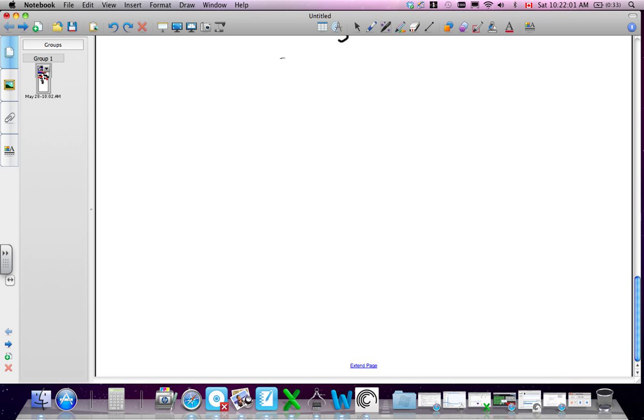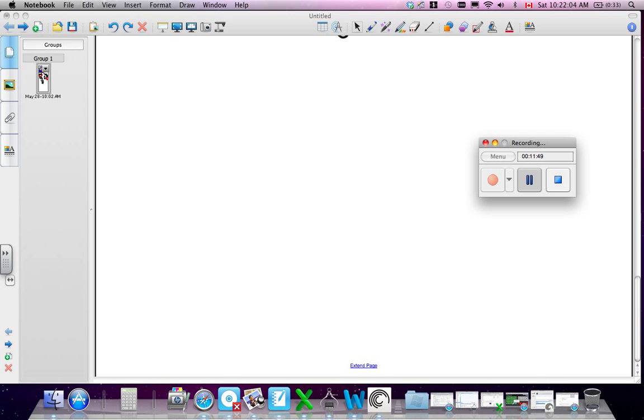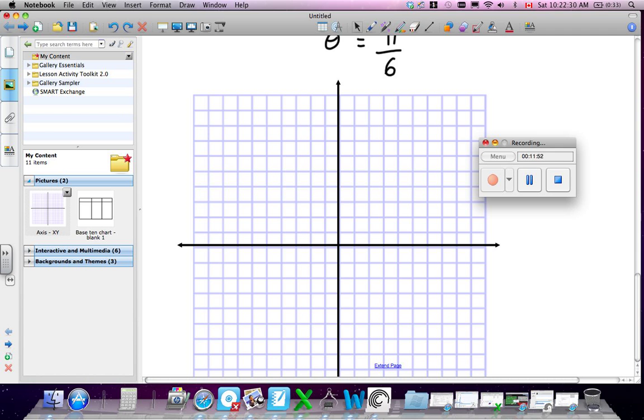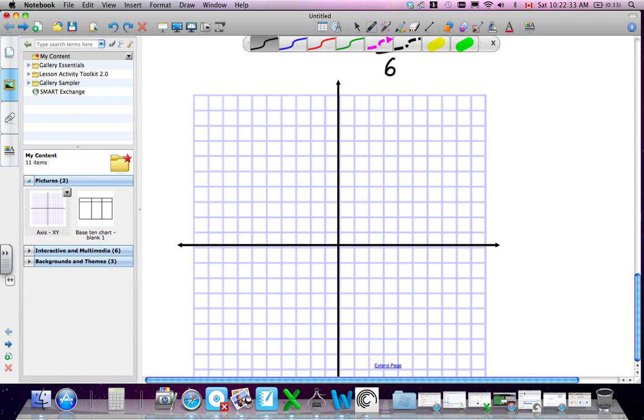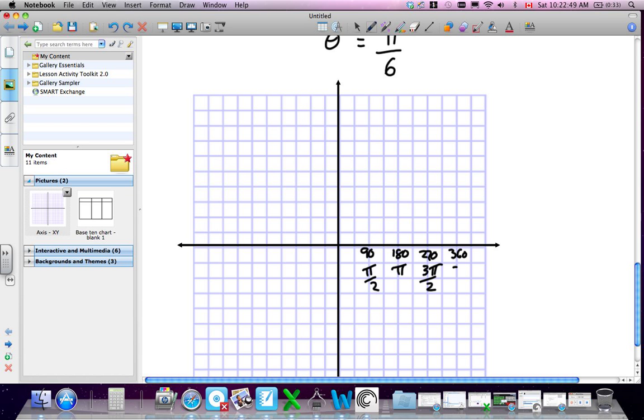So what we can do is take a look at our actual cos wave: 90, 180, 270, 360, or known as pi over 2, pi, 3 pi over 2, or 2 pi.